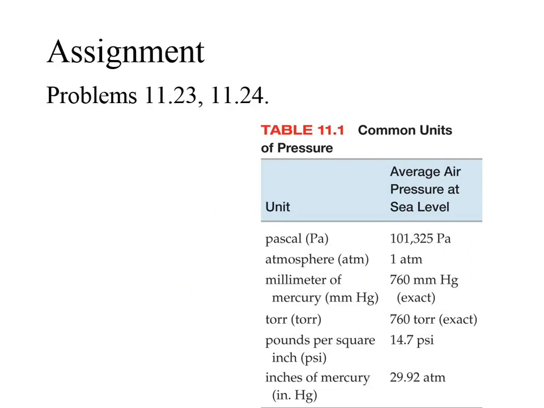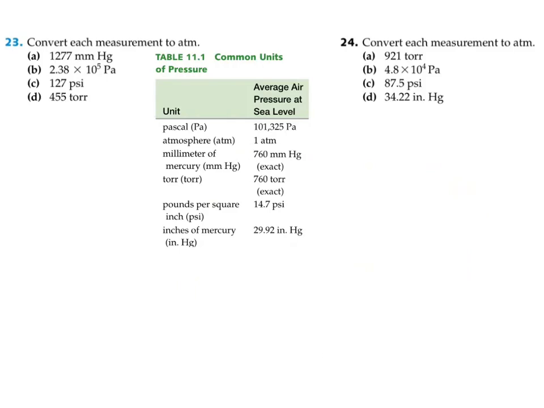It's basically using that table and recognizing that with all the numbers on that table, you can make an equality out of any pair. You can make an equivalency statement out of any pair. So let's do the first one together. Remember that you have the answers in the back of the book for the odd ones.